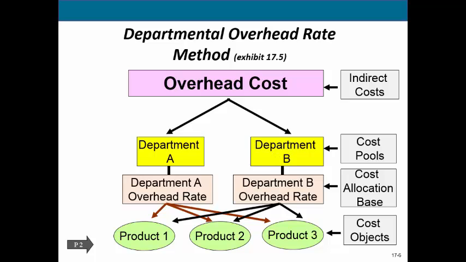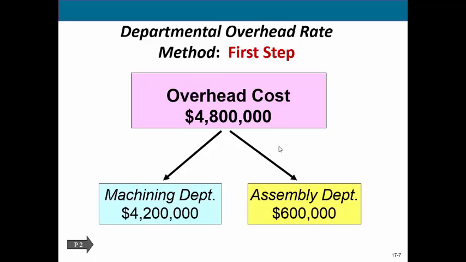The only difference here is now we are dividing our costs into separate departments and coming up with a driver or an allocation base for each specific department. So you can see here now, as a reminder, we have our total overhead, the same as before, was $4.8 million. Now we are going to divide that into departments.